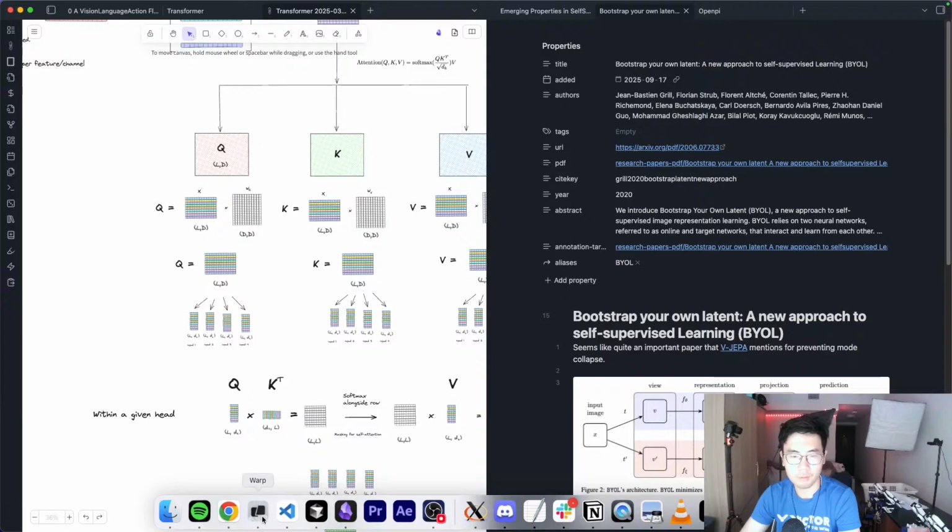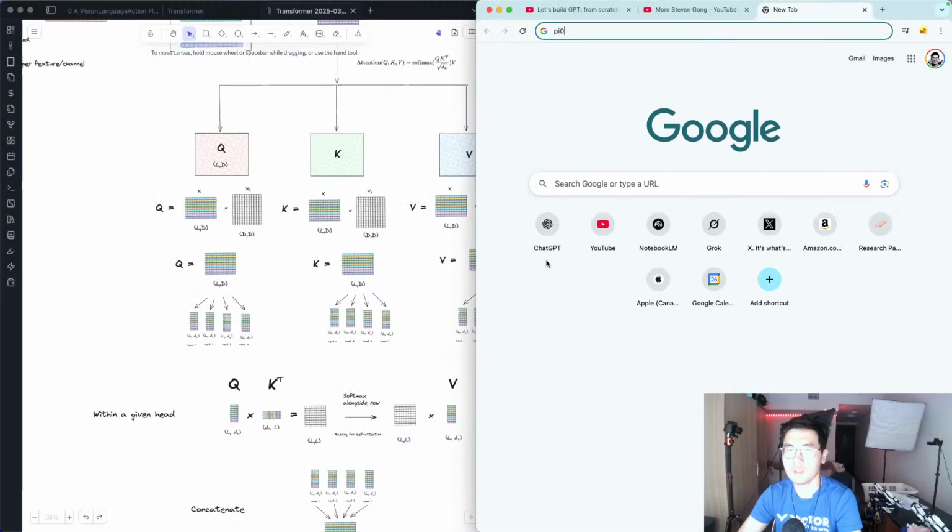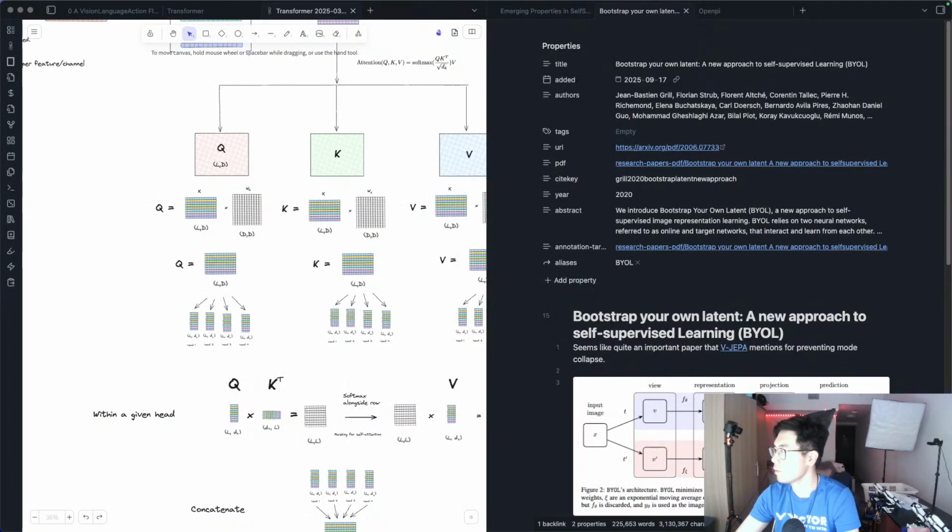So we're going to just, let me go to my GitHub, and let me pull up a repo that I use to program. Okay, I think I have a repo.